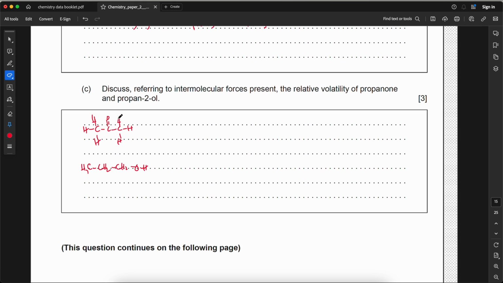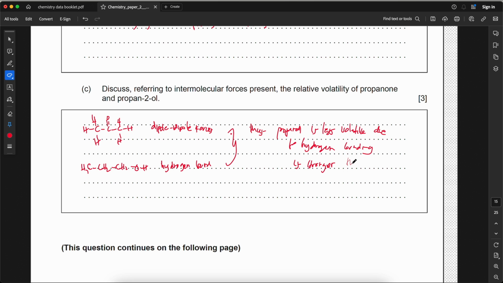So in propanone, there exist dipole forces, but for propan-2-ol, it has hydrogen bond. Thus, propanol is less volatile due to hydrogen bonding is stronger than dipole forces.